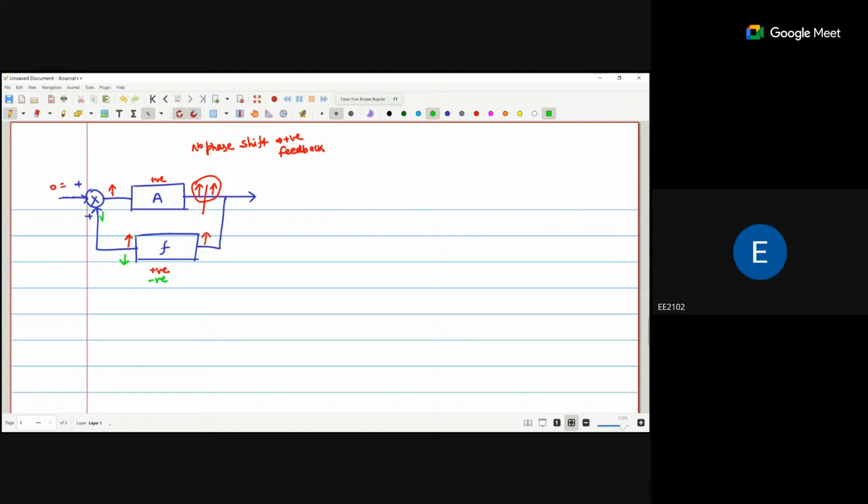Now it will be basically no change in that one. So here we are getting the negative voltage. If it passes through the A, we are getting a negative voltage. So this is the phase shift.